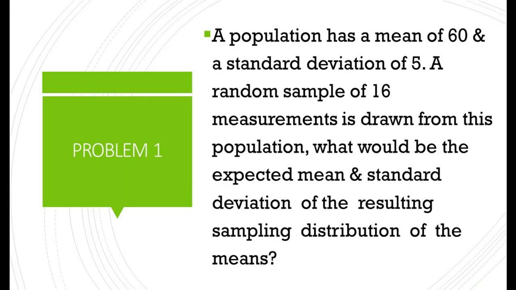For the first problem, a population has a mean of 60 and a standard deviation of 5. A random sample of 16 measurements is drawn from this population. What would be the expected mean and standard deviation of the resulting sampling distribution of the sample mean? To solve this problem, let's first identify what is given in our situation.